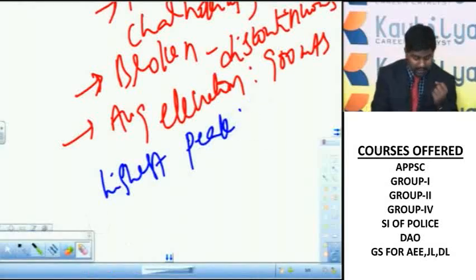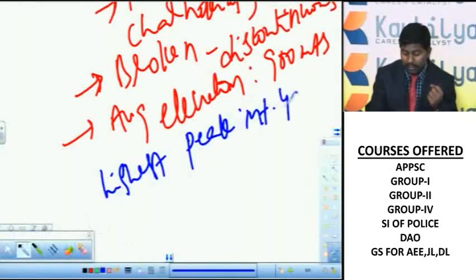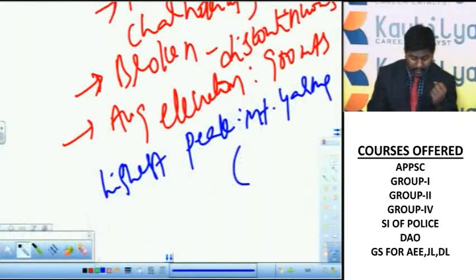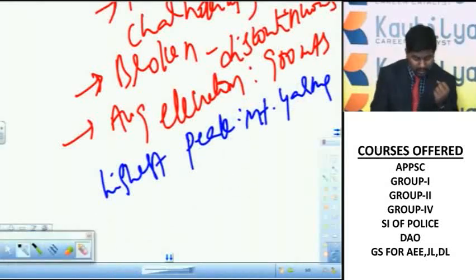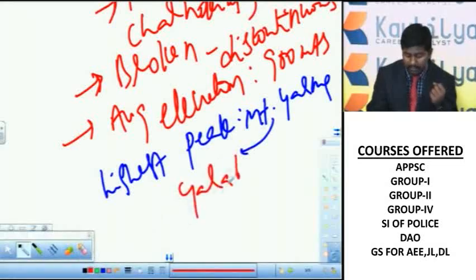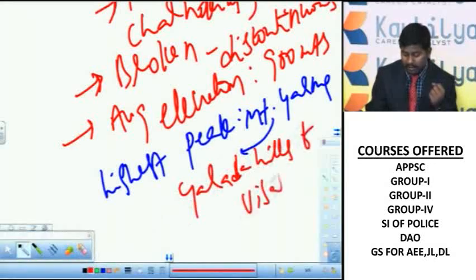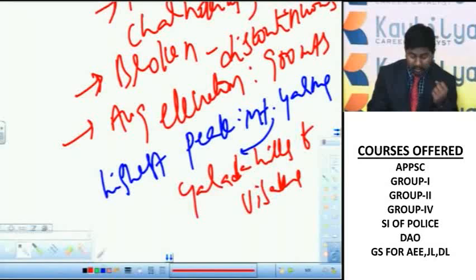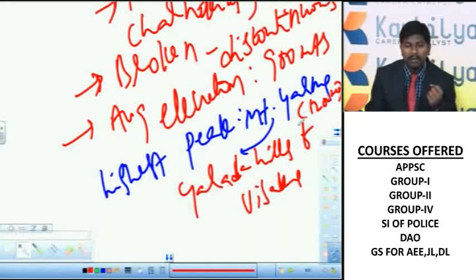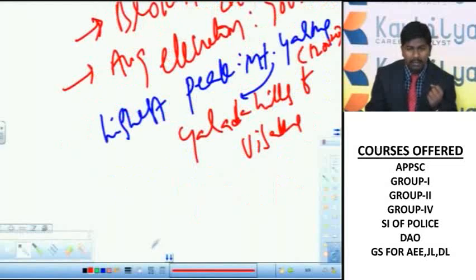This Mount Erma is located in Yarada Hills of Visakhapatnam, and its height is around 1200 meters. Near Pader in Visakhapatnam, there are Yarada Hills where this Mount Erma is located.